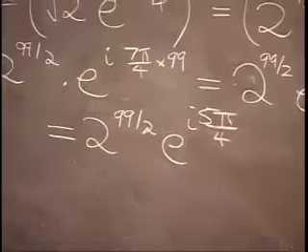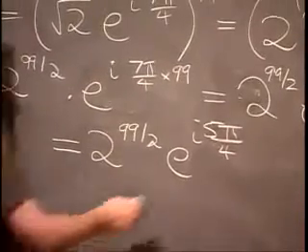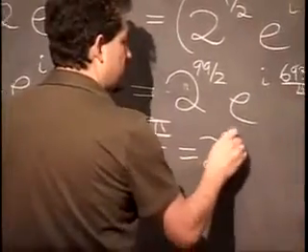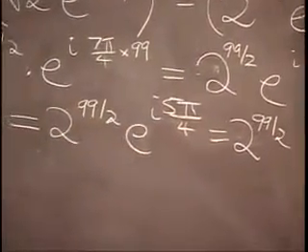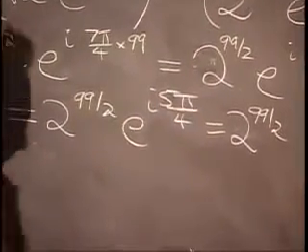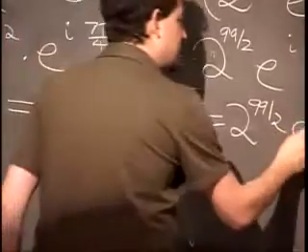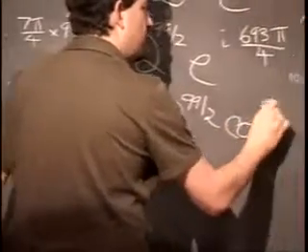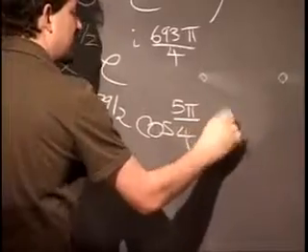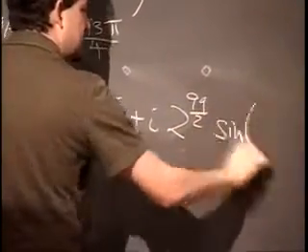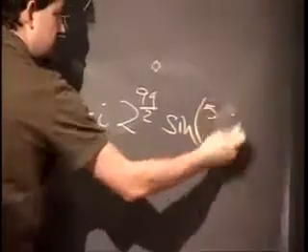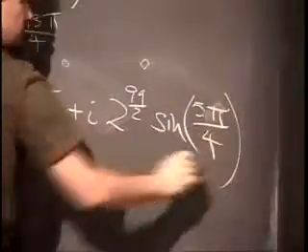But nevertheless, I said we are supposed to convert it to Cartesian form, so I'm going to use Euler's formula. The 2 to the 99 over 2 is just a factor, so it's going to be 2 to the 99 over 2 cosine 5 pi over 4 plus i 2 to the 99 over 2 sine 5 pi over 4.